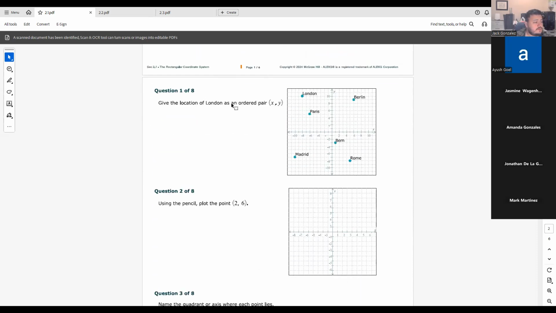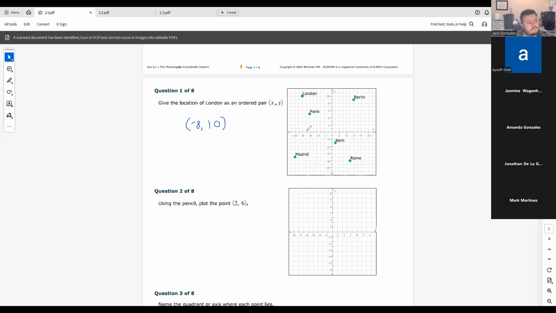Question one in the notes, get a location for London. So what is the location? What is the ordered pair? What is the point for London? What do y'all think? Yeah, it's going to be an ordered pair. So we have to put the parentheses, 8, comma, 10.